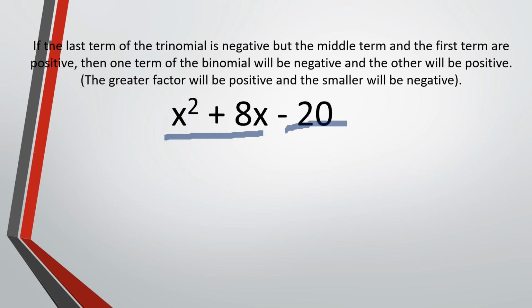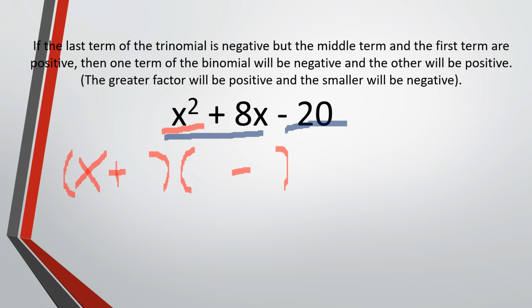And based on the given rule, one binomial is positive and the other is negative. Okay, we have here positive and negative. Now, if you have x squared, we know that when we multiply x and x, the answer is x squared.